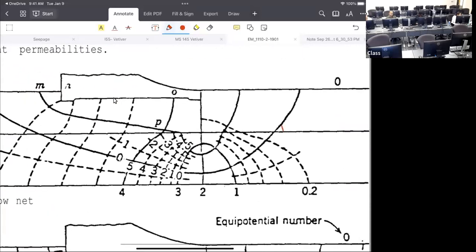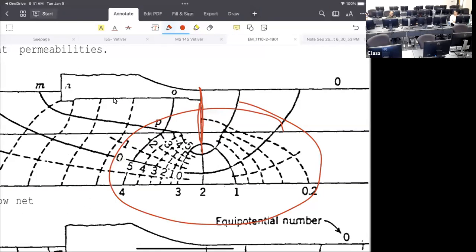So, for example, look at right here. What happens here? This is a dam, and this is a sheet pile. By the way, do you know why the sheet pile is being added? To increase the flow path of the flow line.